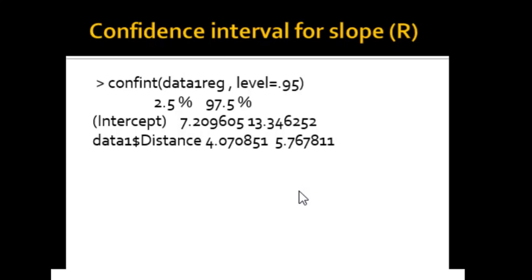Okay, then we can create a confidence interval for the slope. We can do that using R. This is what we will use: the command confint, and then this is where the regression is saved, and then we can choose the level. Again, for details, watch the R videos.